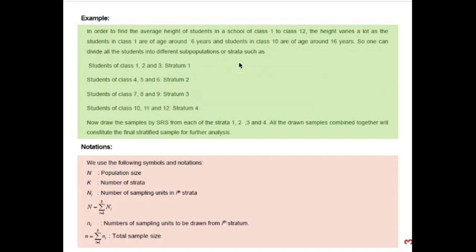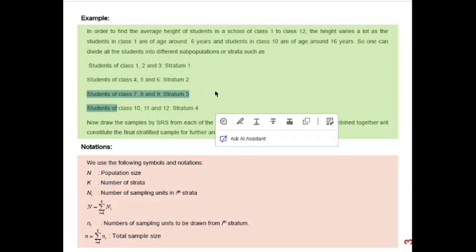So we are forming one stratum, using a homogeneous group of observations. Similarly, students of class 4, 5, 6 form stratum 2. Similarly, the students of class 7, 8, 9 form stratum 3.